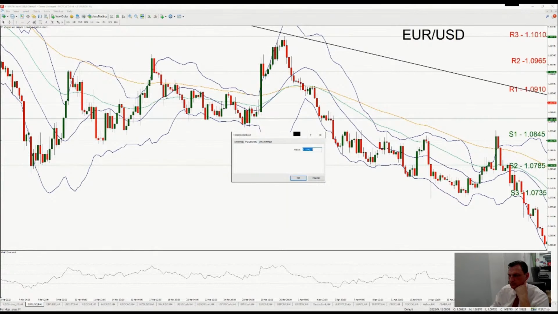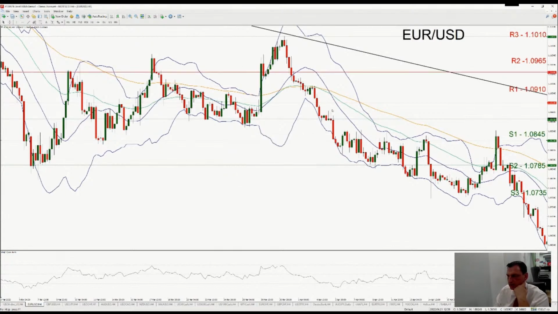In red, 1.090, locking it in. The second one at 1.1185 in red.